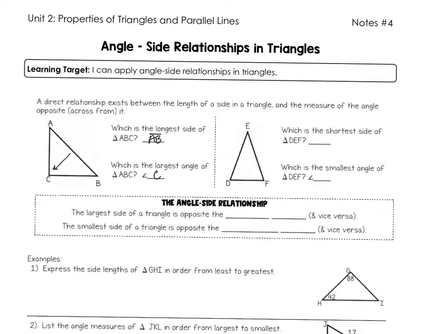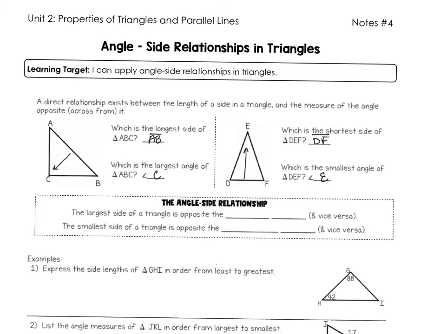If I was looking for the shortest side in my next triangle, DF is clearly the shortest side here. So if DF is my shortest side, the angle across from it is its smallest angle.